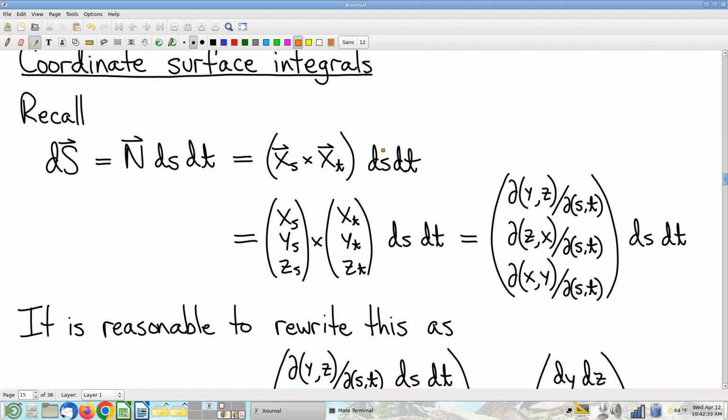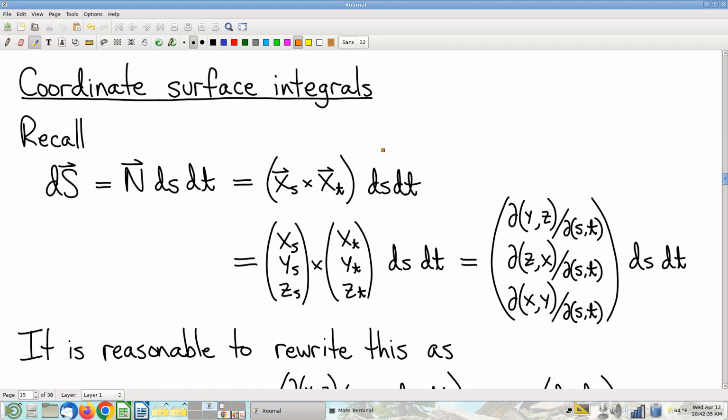Okay. So, y'all may recall when we defined vector line integrals, we also defined something called coordinate line integrals. Well, now that we've defined vector surface integrals, we're going to define something called coordinate surface integrals. It's a little bit harder to see coming, and there's some geometry involved in here that I've already kind of expressed sadness over.